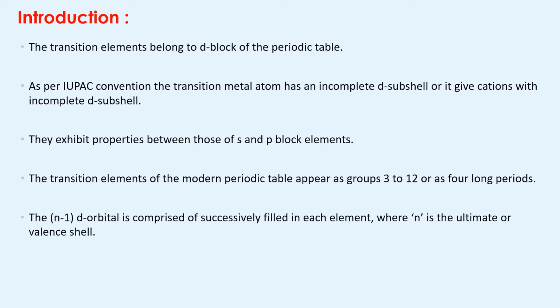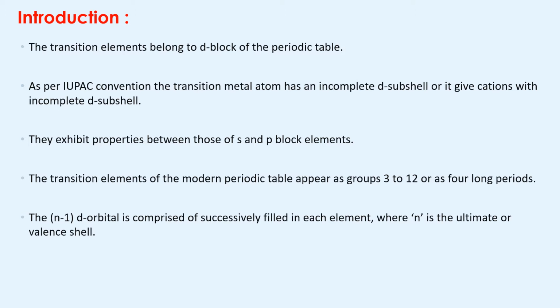Now why is it the 3d series only? Because it is placed in the fourth period. So in this case, n-1 is 4 minus 1, means 3d. So your first series is the 3d series, which is placed in period 4. The series starts from scandium to zinc.